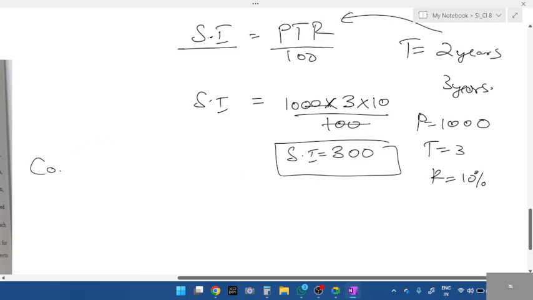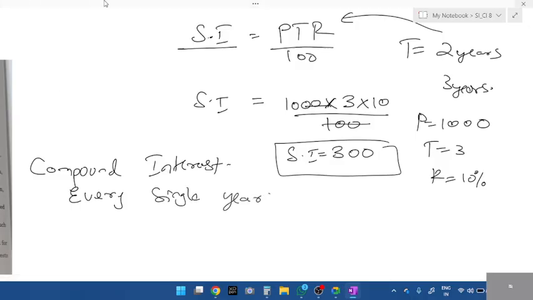But when it comes to compound interest, students, we calculate for every year. We don't take the time period as 3 years. We calculate it for every single year, which means if it is 3 years, we'll take the same value.